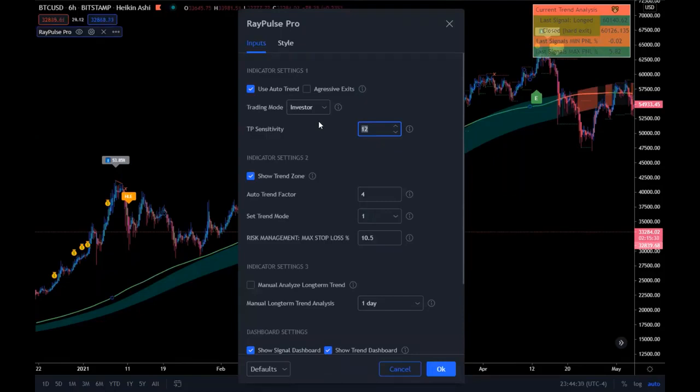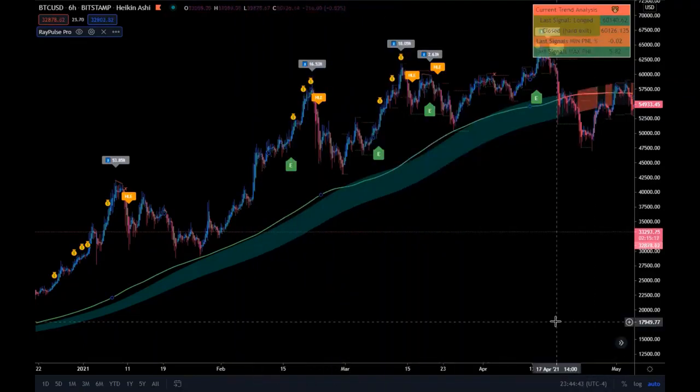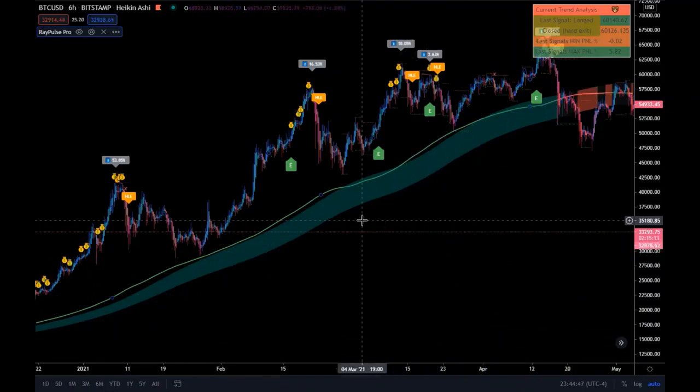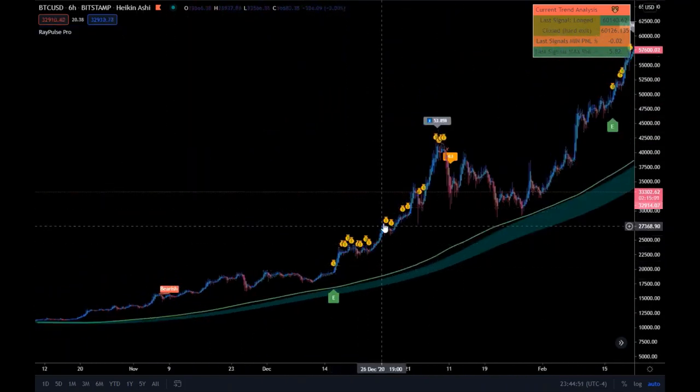And the lower the number you put in the settings, the more take profit suggestions you'll get on the chart. So if I change this to a 1, for example, giving it time to populate on the chart, what we should see is a lot more take profits come up for each individual signal. You can see that very clearly here on this signal.